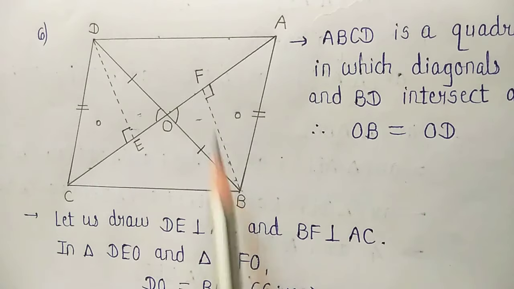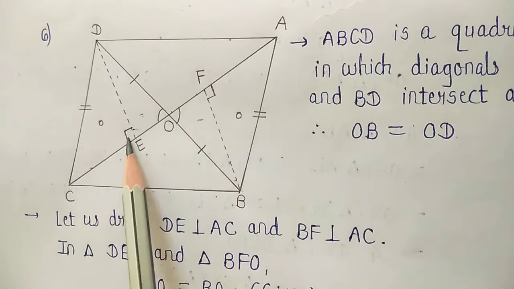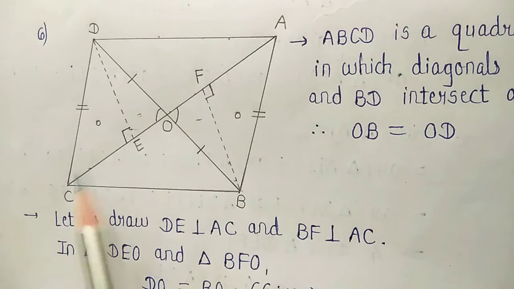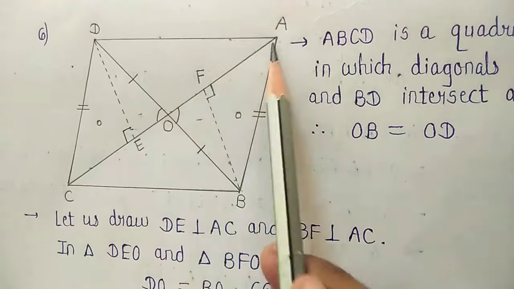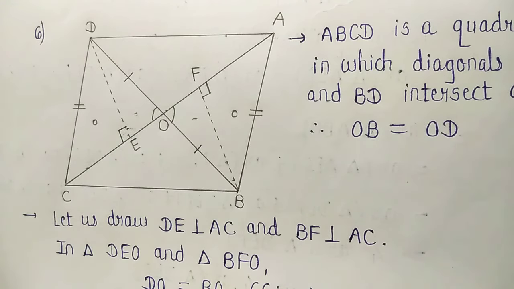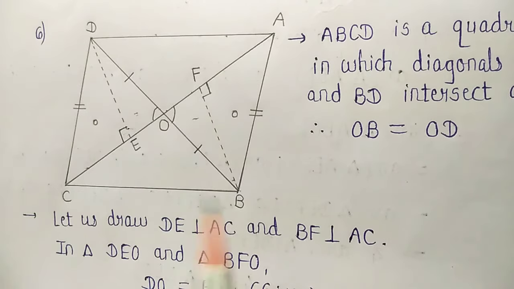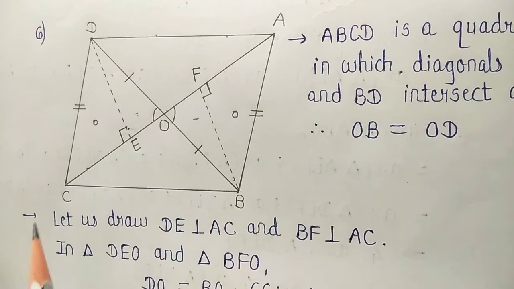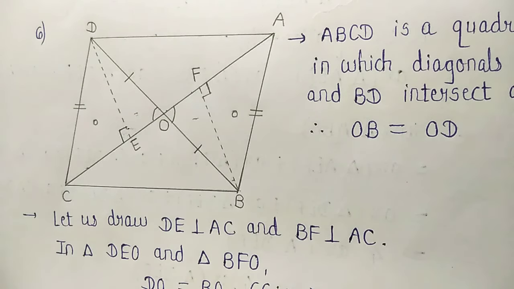This DE and BF are perpendiculars, which makes a 90-degree angle. So angle DEC will be equal to angle BFA, each of 90-degree. And just now we have proved that DE and BF are equal. Okay, so from these three things we can prove that these two triangles are congruent. Let us write it first.